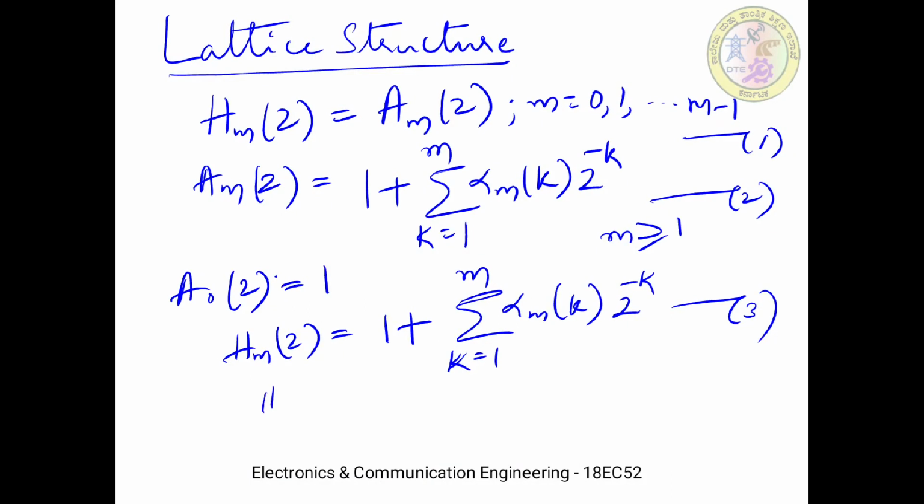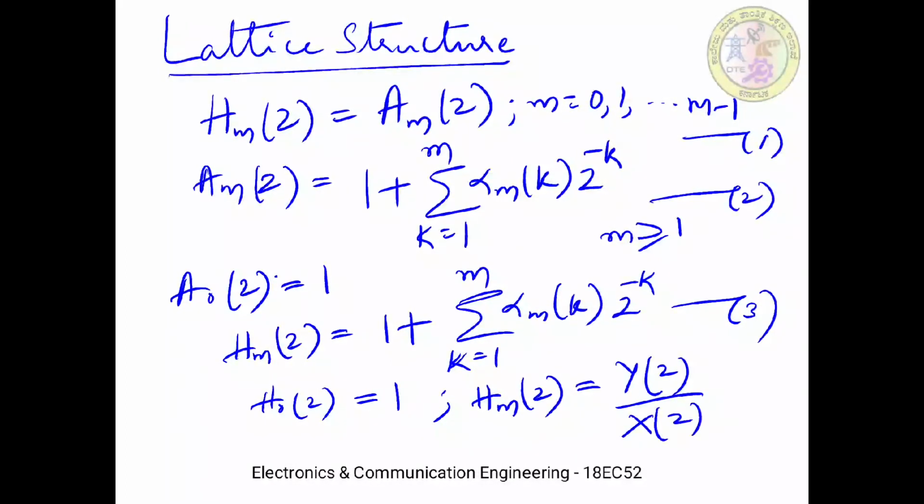Also H_0(z) is equal to 1, because when k is equal to 0, z to the power of 0 is 1. Also H_m(z), that is the system transfer function, can be written as the ratio Y(z) by X(z).